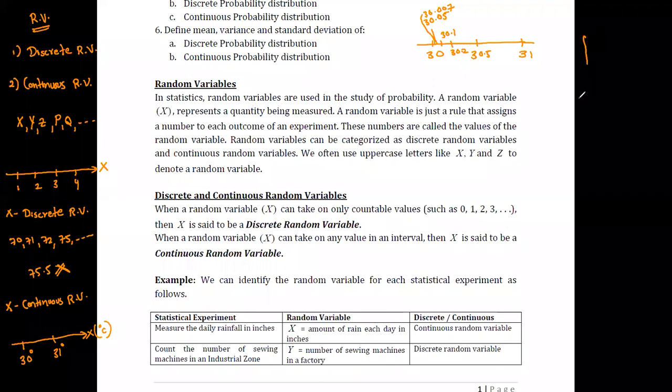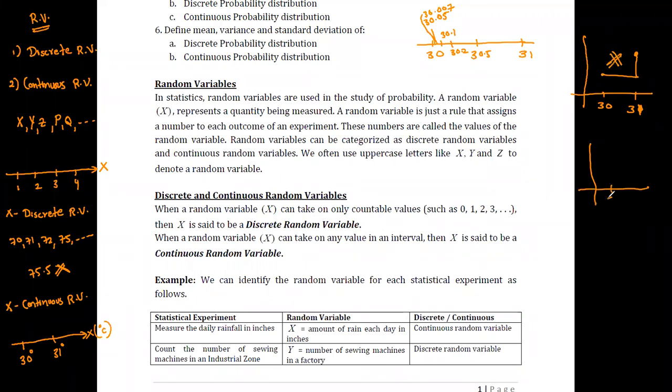If you are considering the temperature from 30 to 31, you cannot have a jump like this. This cannot happen for a continuous scale, because we all know that temperature is gradually increasing.